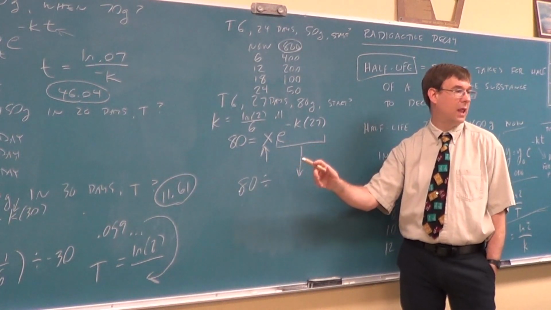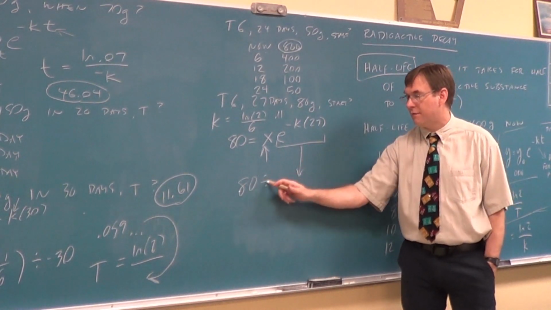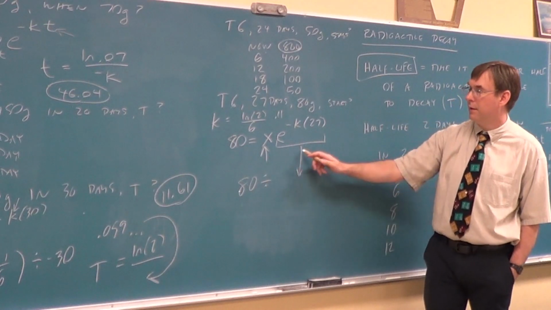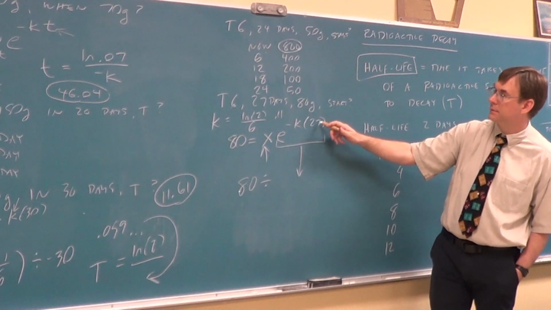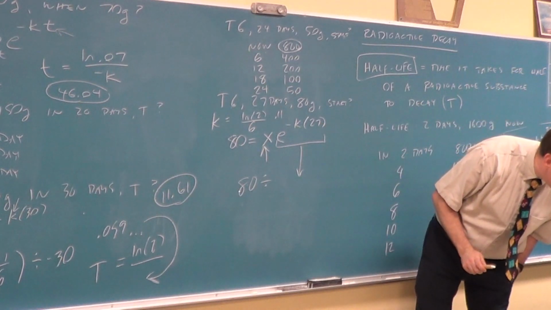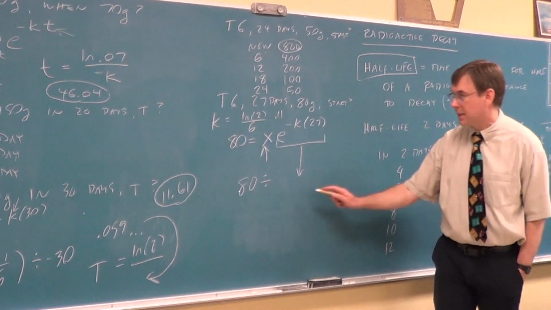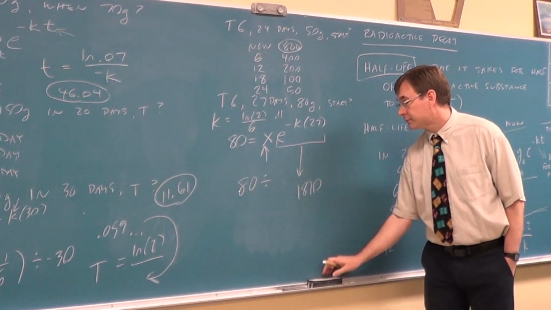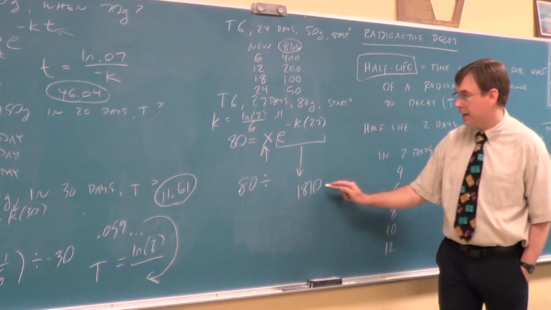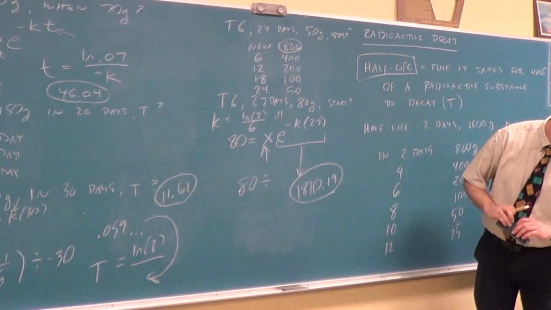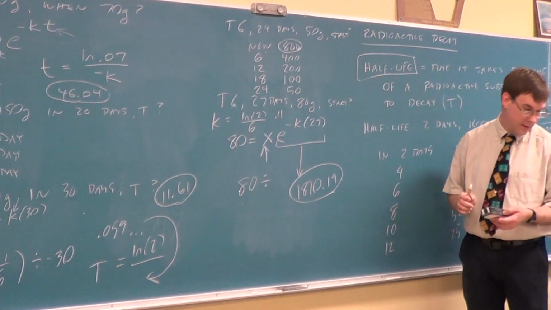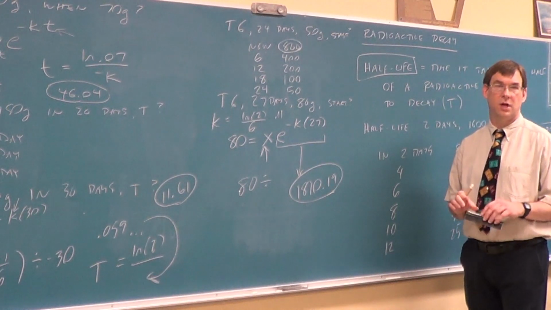Second ln. Yeah, the 80 divided by the E button, with parentheses for the negative, recalling this, times 27. And that's going to be 1810-ish, 0.19. Did that show?